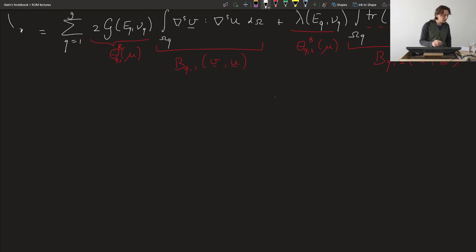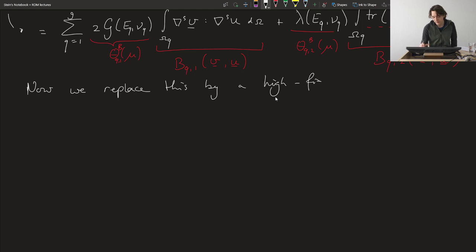So the first thing that we're going to do is replace the original formulation that was right here, which really involved functions in Sobolev spaces in H1, with a high fidelity finite element problem.